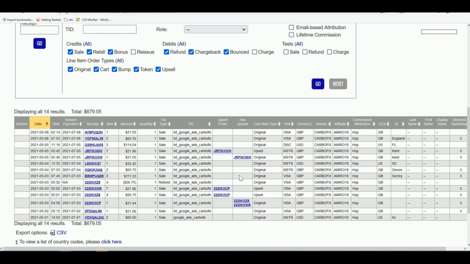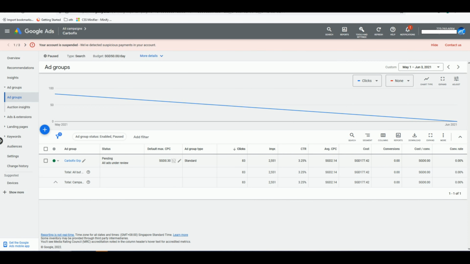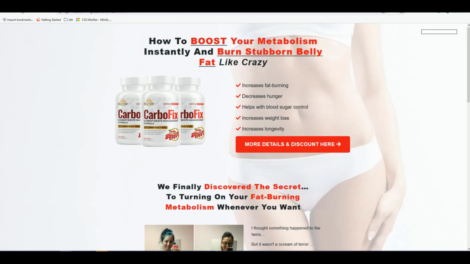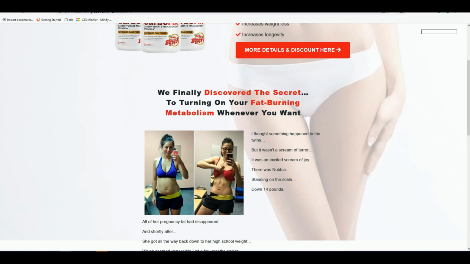I was promoting a different product before I came to Carbo Fix. But if we're talking about just Carbo Fix and setting up this campaign, that's the profit that we've got: 679, and then 132 spent on ads, and of course the landing page, very important, created using pagepro.com.